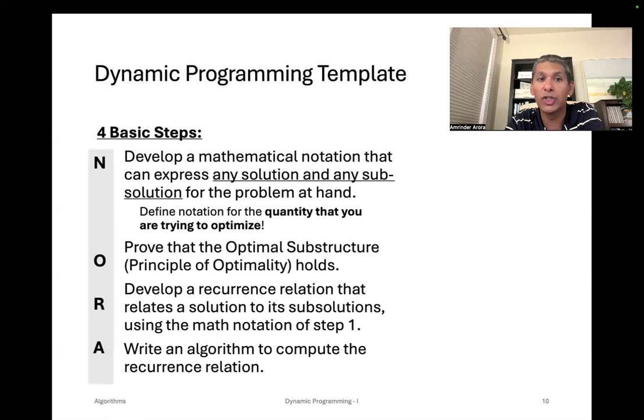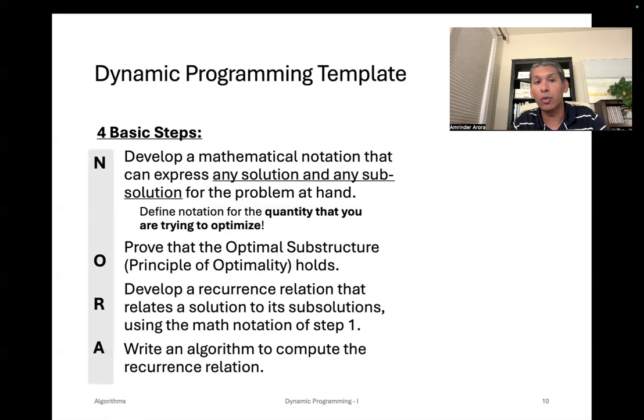So let's pay attention to this specific part carefully. First of all, your notation should be general enough. It should be able to express any solution as well as any intermediate solution, as we call the sub-solution, for the problem. Secondly, don't try to think of the notation for the problem that's given to us in its most direct way, saying that, okay, find me the direction through this maze or something.